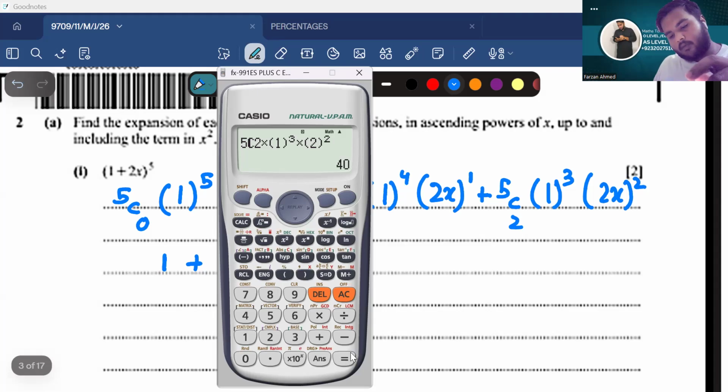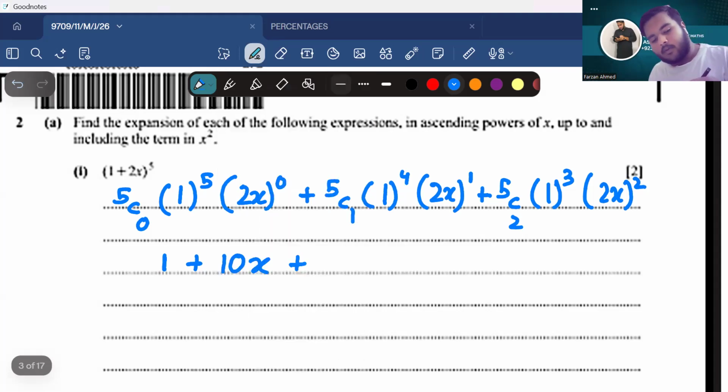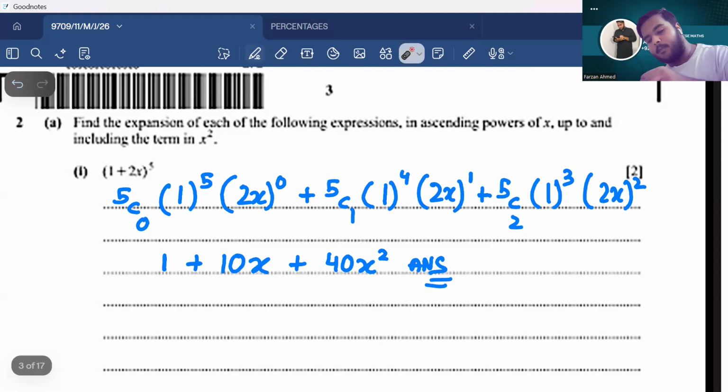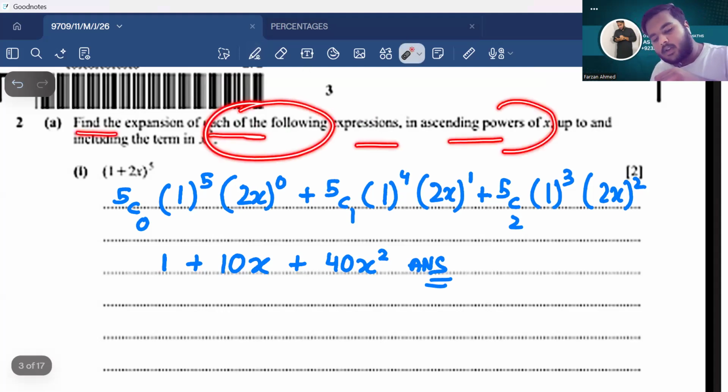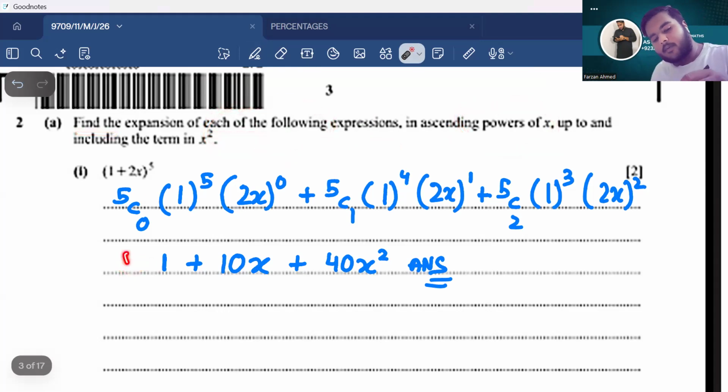So we got 40x square. So this is our final answer. Why? Because they have said to find the expression in ascending powers of x, starting from the ascending power of x and going up to and including the x square term. So we have included the x square term.